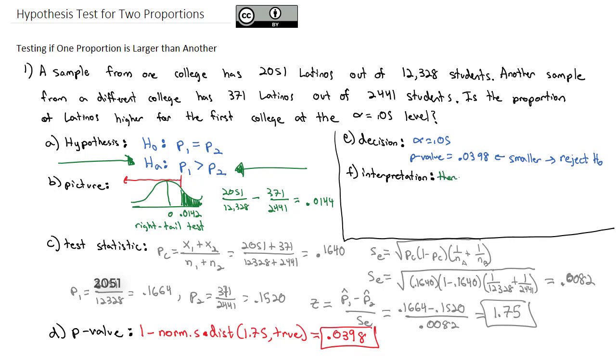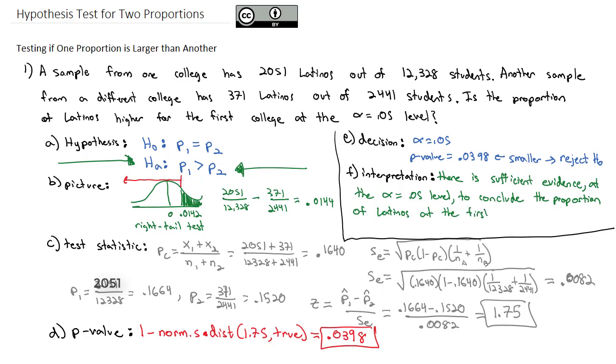So we can say there is sufficient evidence at the alpha equals 0.05 level to conclude proportion 1 is greater than proportion 2, or in context, the proportion of Latinos at the first college is greater, matching the alternative hypothesis, greater than the second college.